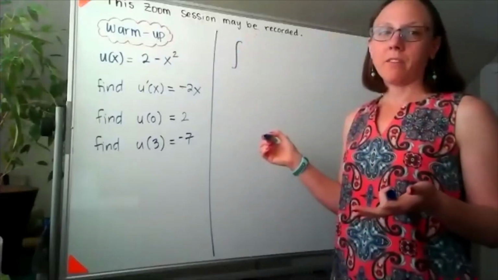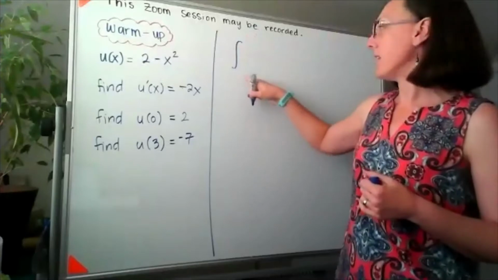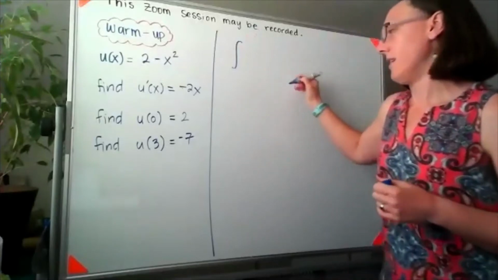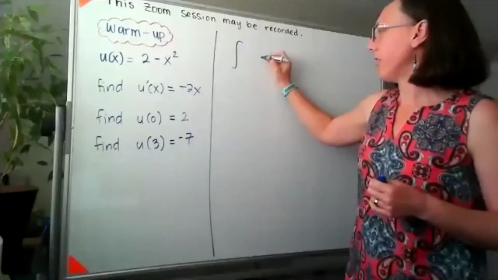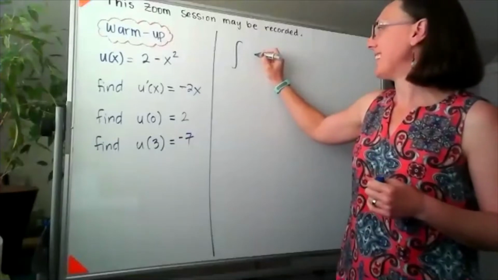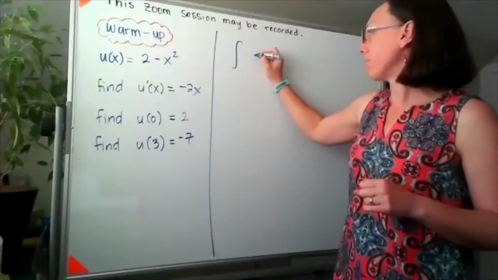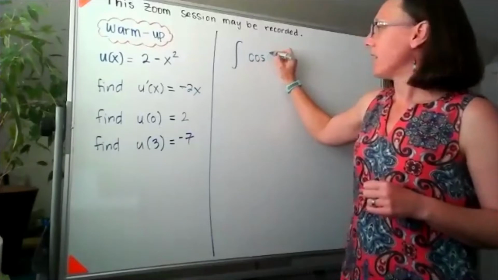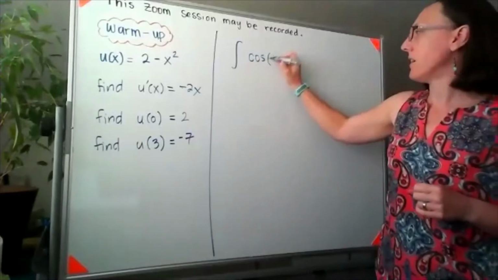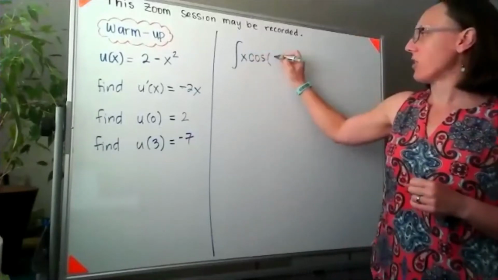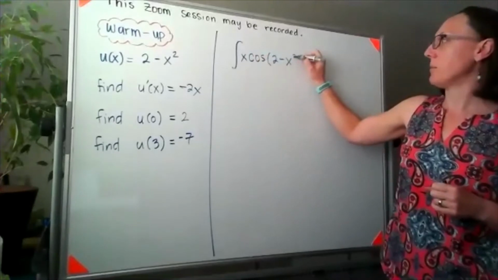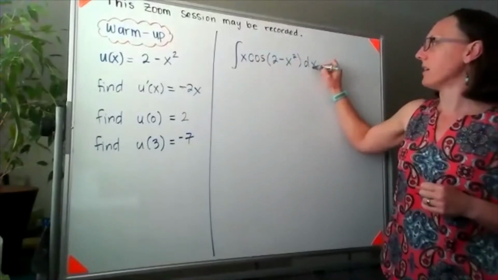So if I wrote something like, I wanted to find the integral of x cosine of 2 minus x squared dx.